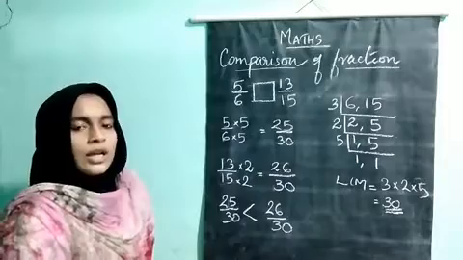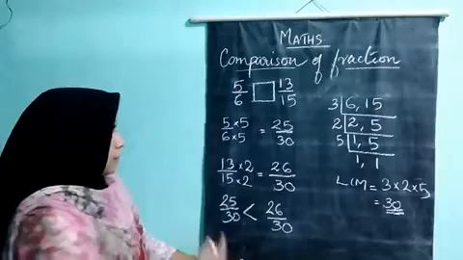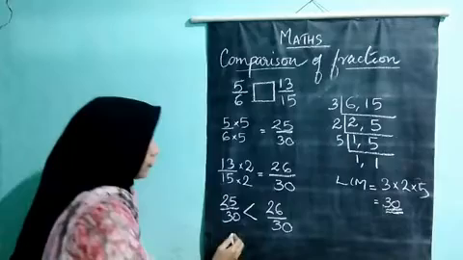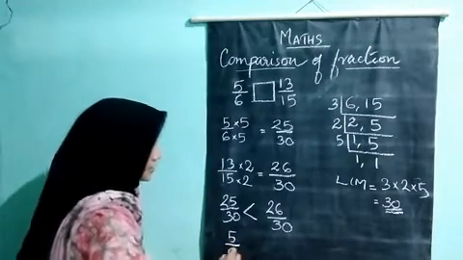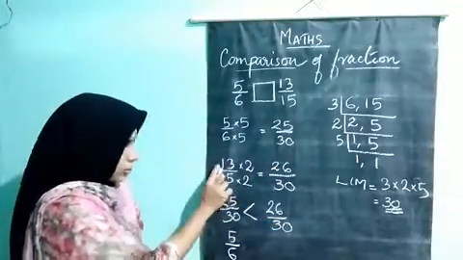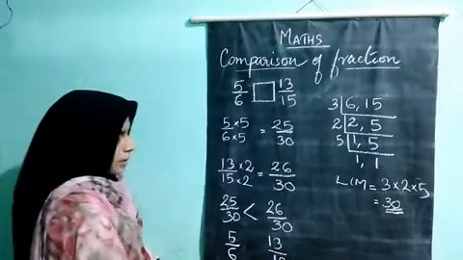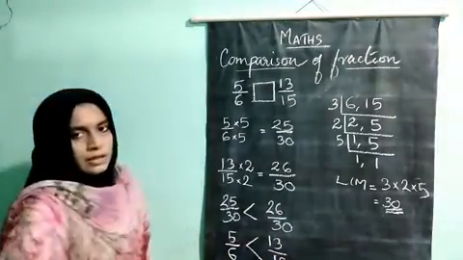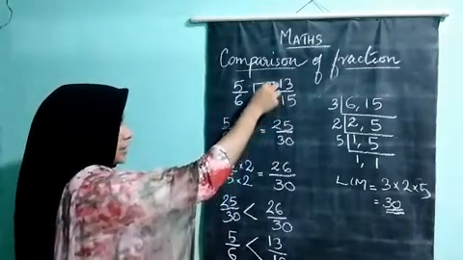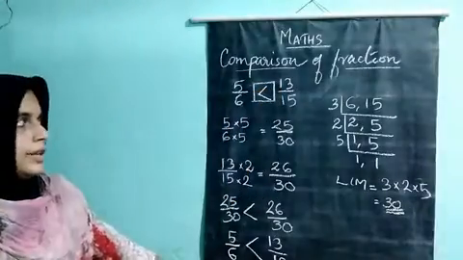So the corresponding values you should choose from the calculation. 25 by 30 is equivalent to 5 by 6. 26 by 30 is equivalent to 13 by 15. Now we can write the symbol. Clear? So 5 by 6 is less than 13 by 15.